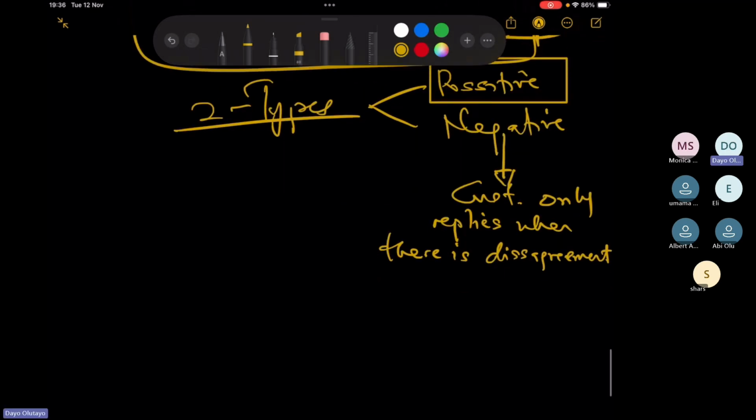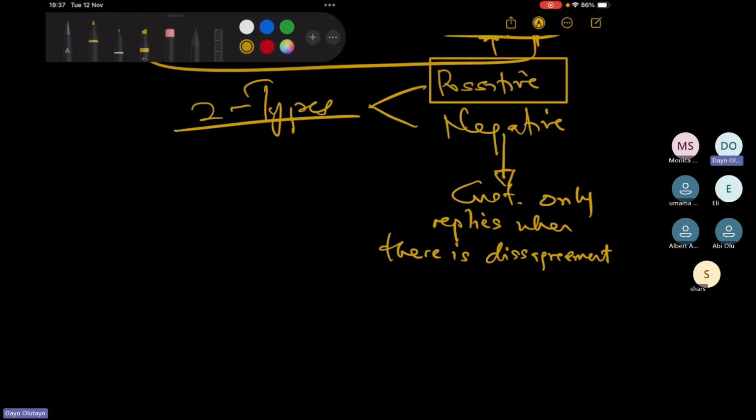If there's no disagreement, they will not reply, which means that if they don't reply, everything is fine. That's the assumption. That means everything is fine. But if they reply, then things are not fine.